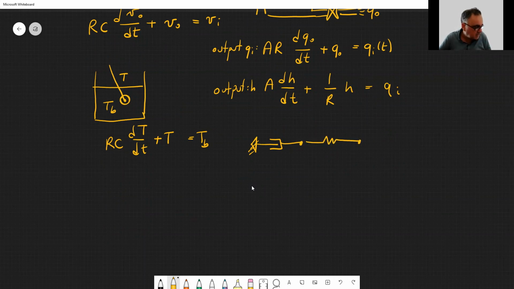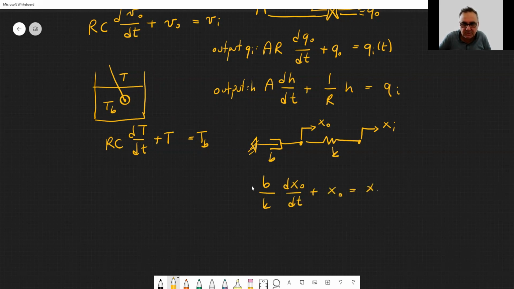This is an approximation again. Let's say this is XO, this is XI. Okay, this is K, this is B. In this case, the equation of motion, if you write it, will be B over K dXO dt plus XO is equal to XI, which would be a first order system. Okay.